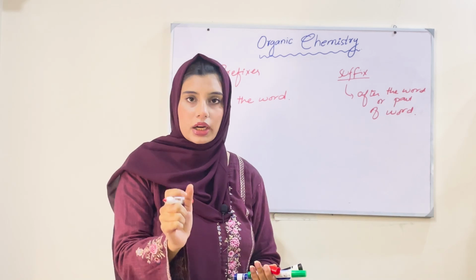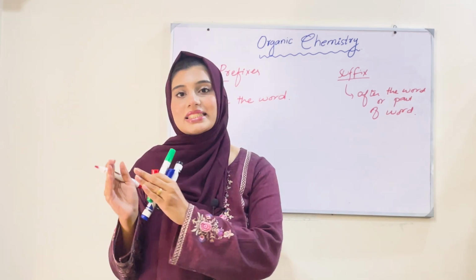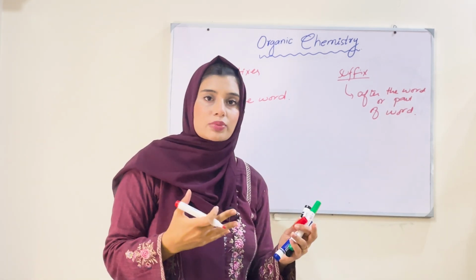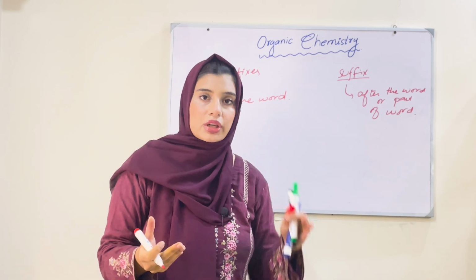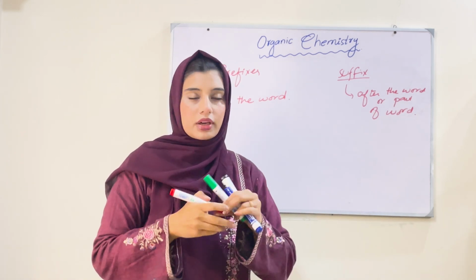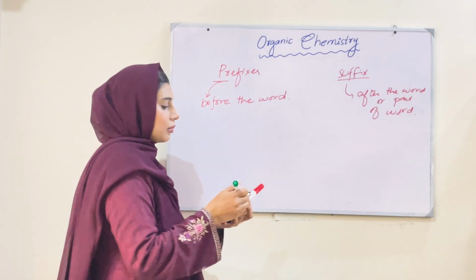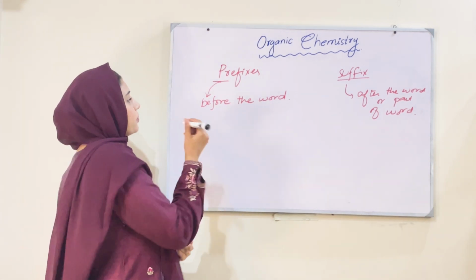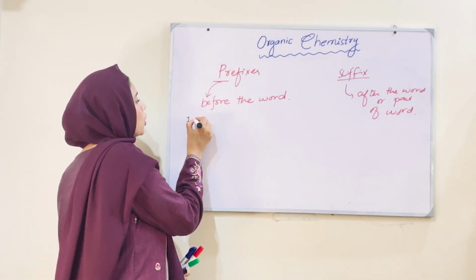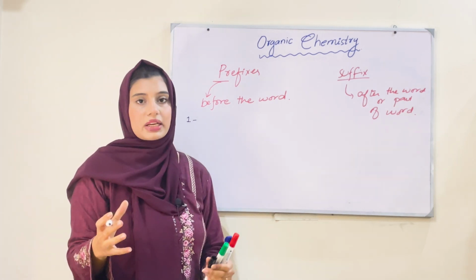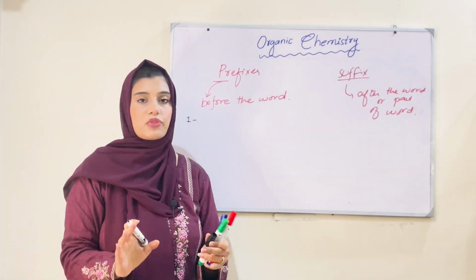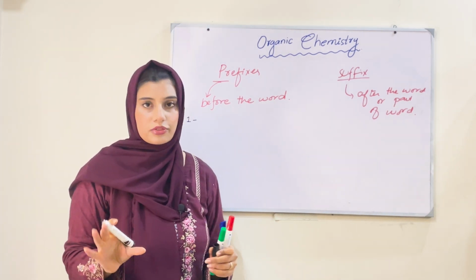Prefixes mean any word or part of the word which comes initially, and suffix means any word or part of a word which comes in the end of the word. So in chemistry we have some prefixes. I'm going to tell you about 10 basic prefixes, because at this level of O levels or matric we usually use these prefixes.